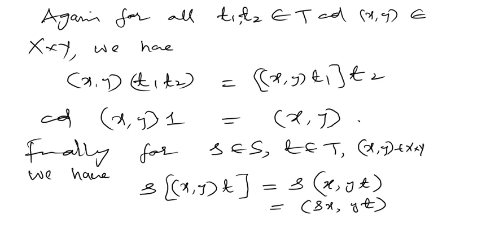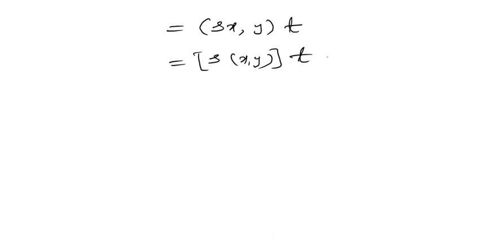Now I can take t outside, again by the definition of action. So this is equal to (sx, y)t. Now we take s outside; t we have already taken outside. First s is applied, then t is applied. So therefore X cross Y is an S-T bisystem.